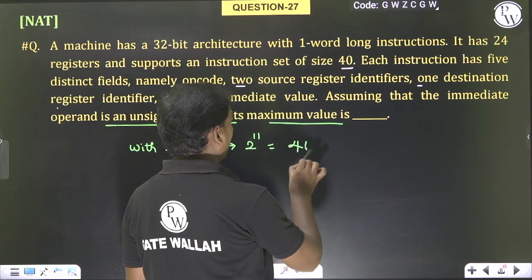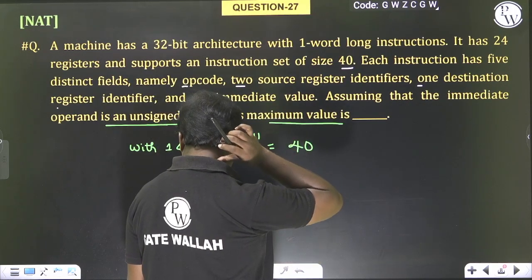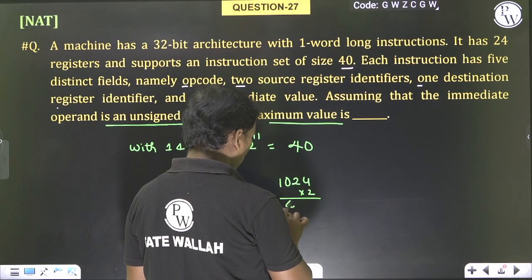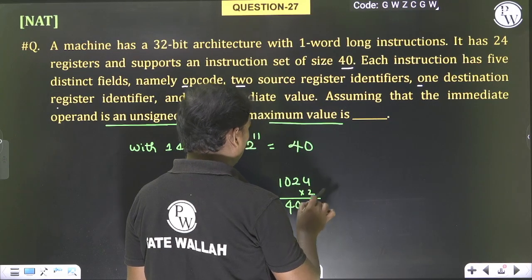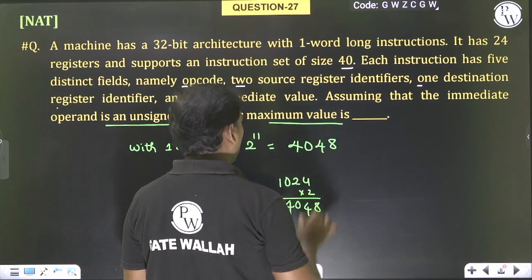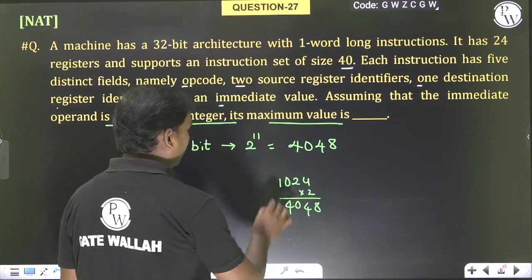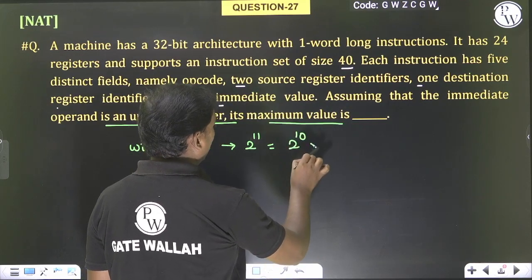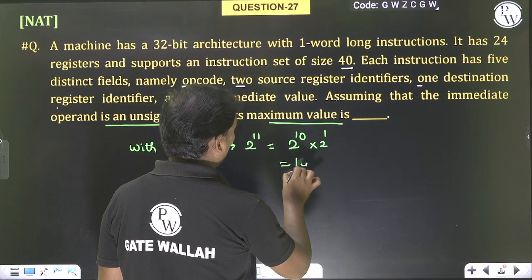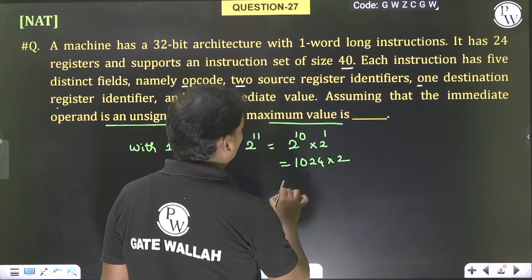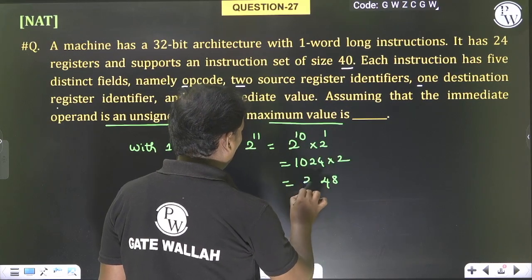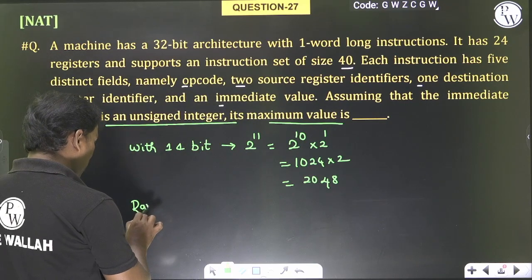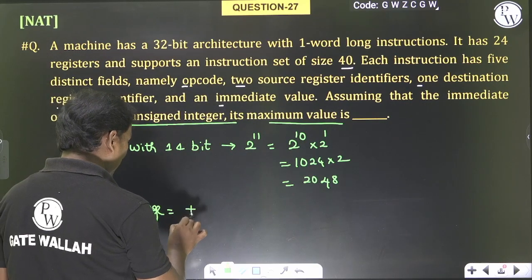Sorry, that is 2048. 2 power 10 into 2 power 1, 1024 into 2, so it is 2048.